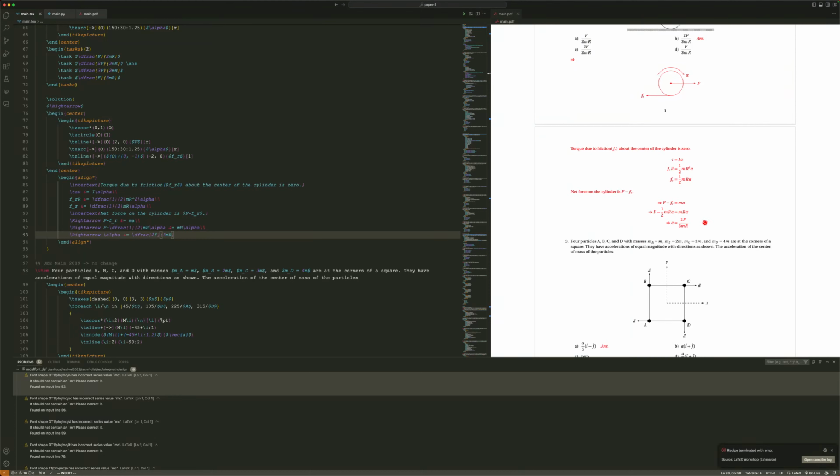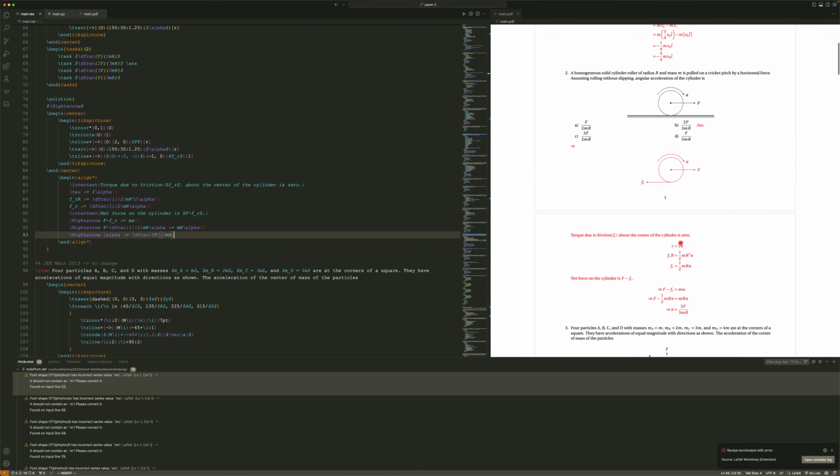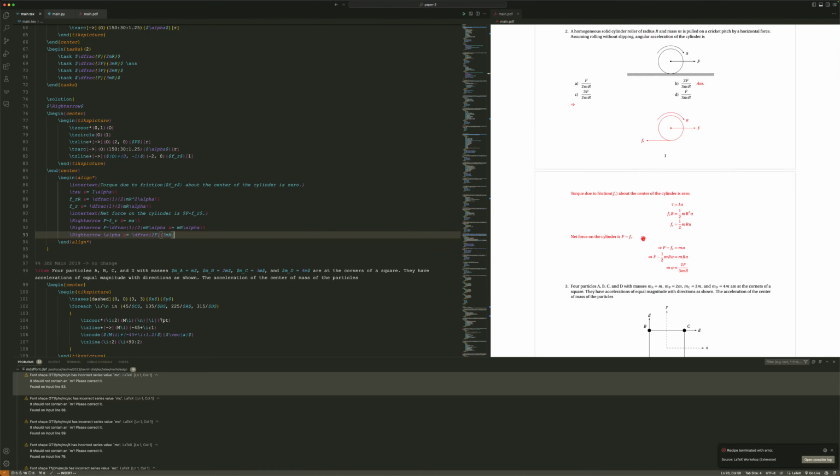So as you can see, it's much better. We just put the value of friction and we got the alpha, and it's correct. I think we can do a much better job if we assume the instantaneous axis of rotation. What if we apply the idea of instantaneous axis of rotation?